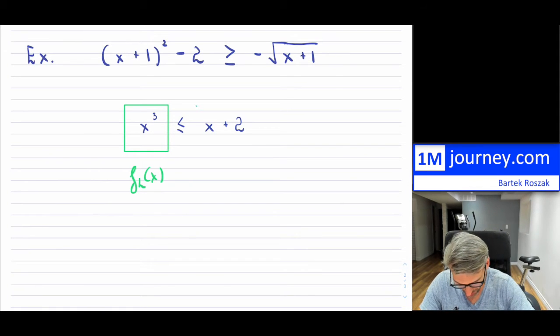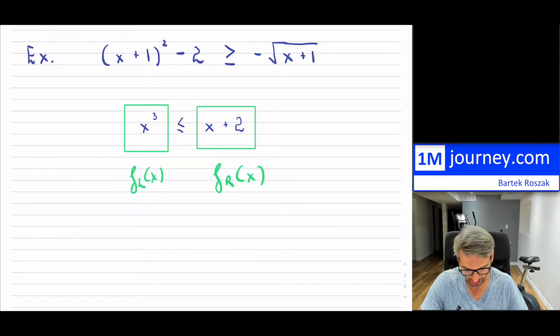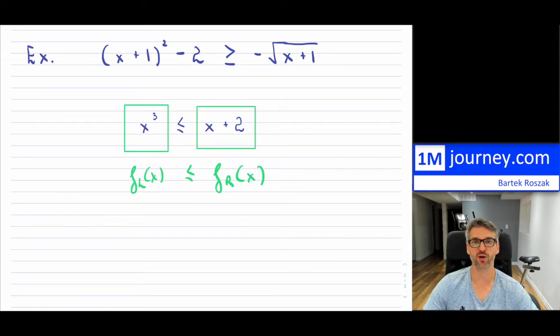And then I'm going to have my right-hand side, right here, and I'm going to call this f of r, okay? And so what I'm trying to do is find when one function, the one on the left, is smaller or equal to the one on the right.